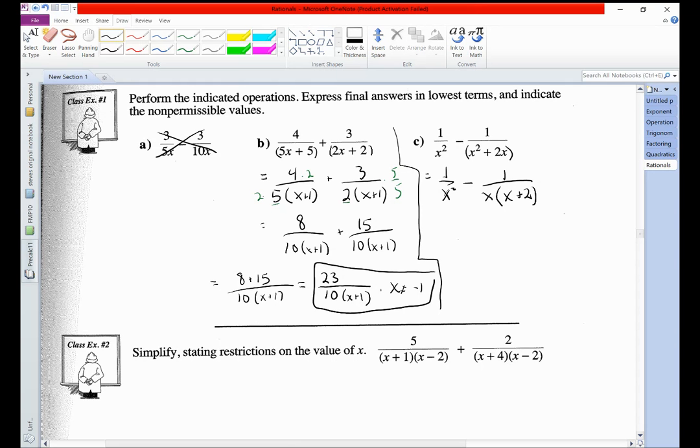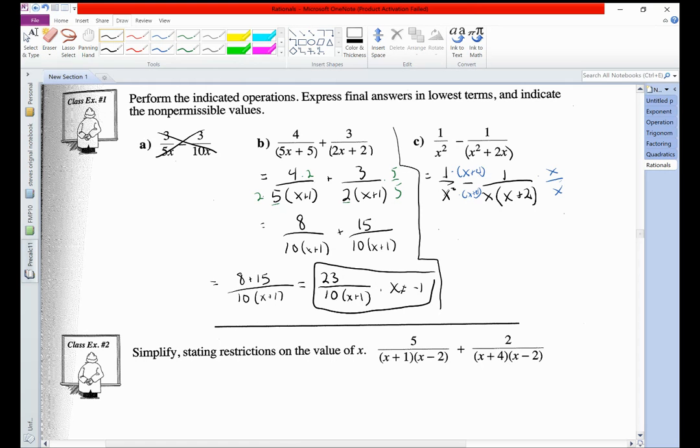So you can see now that in order to get a common denominator, all I have to do is multiply this side by x plus 2, top and bottom. And on the other side, I just have to multiply by x.